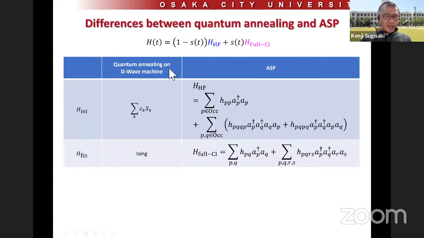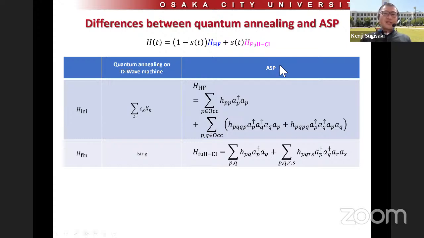In this case, the initial Hamiltonian is written as just a linear combination of Pauli X operators. So this corresponds to the transverse magnetic field. And the final Hamiltonian is the Ising Hamiltonian, or more precisely, an Ising Hamiltonian with two-local operators, Pauli Z operators.